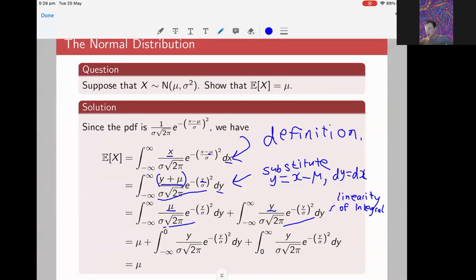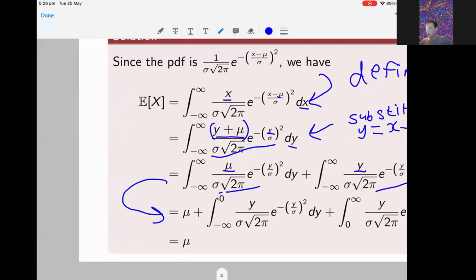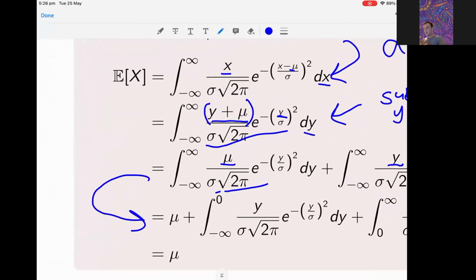Okay, now what's going on with this next line? Well, actually, there's a bit going on. If I'm going from this step to this step, what have I done? Well, this first integral has just become mu. Why is that? Well, we can take the mu out at the front of this particular integral, but what we're left with is the integral of e to the minus y squared on 2 sigma squared divided by sigma times root 2 pi.